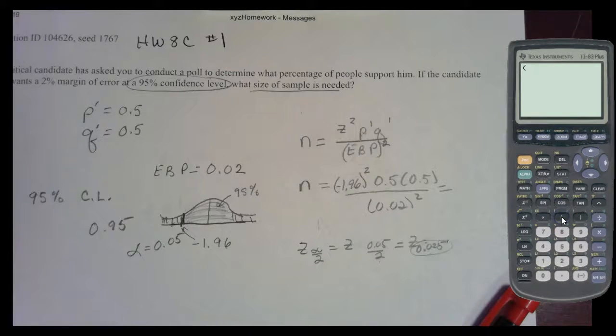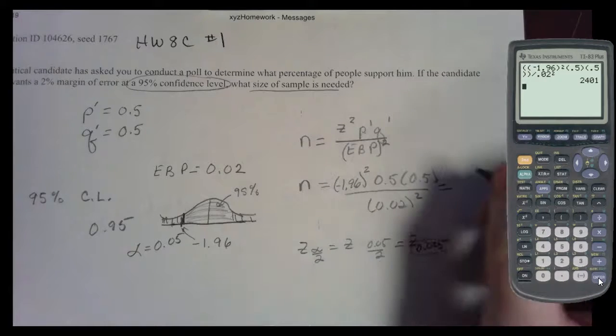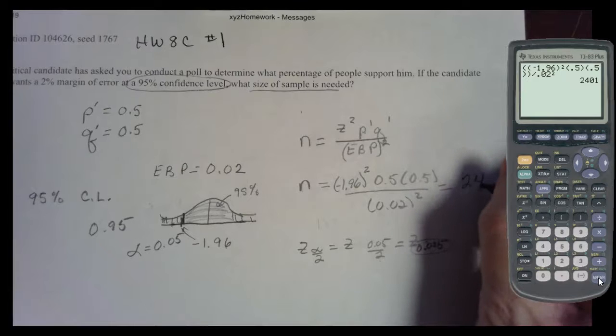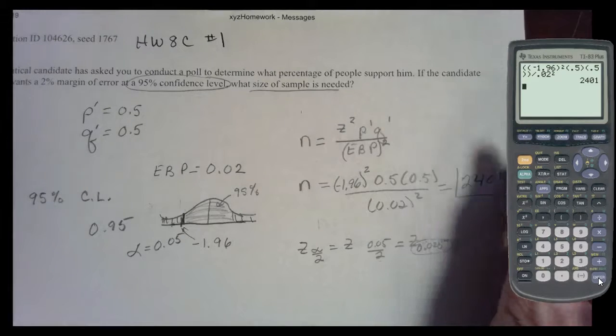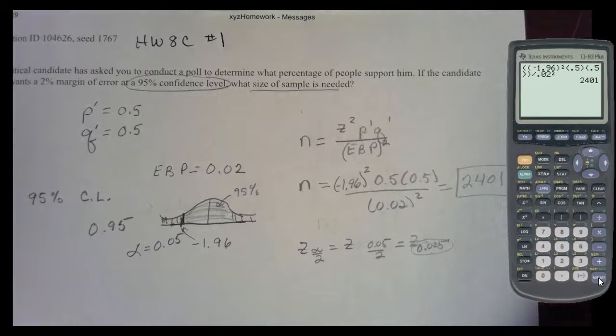I'm going to do parentheses and then another parentheses, negative 1.96 squared times 0.5 times 0.5, close parentheses, divided by 0.02 squared, equals 2401. So it looks like we would need at least 2,401 as the size of our sample.